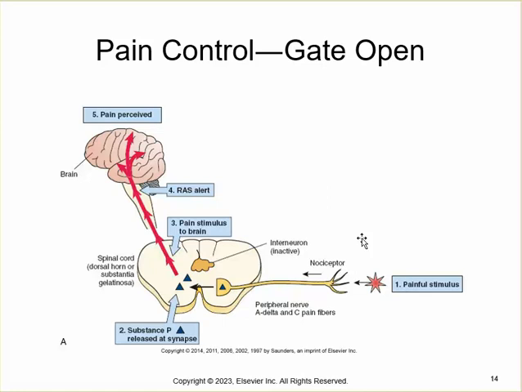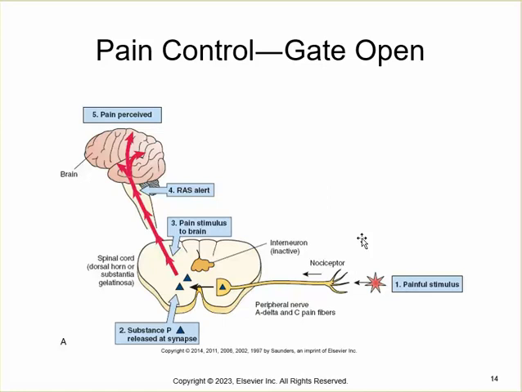But within that spinal cord, a neurotransmitter is released from these pain receptors that's called substance P. It's released at the synapse. And the substance P is what then activates an action potential in these spinothalamic pathways.